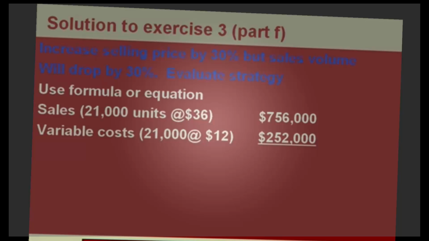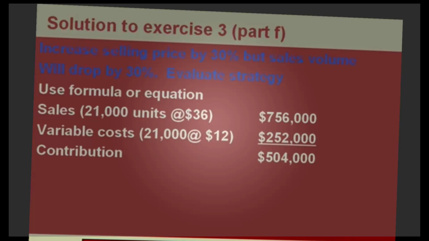Why did I say sales is 21,000 units? Because the original was 30,000, and they said if you follow this strategy, it drops by 30%. So 30,000 less 30%, which is 9,000, gives you 21,000.